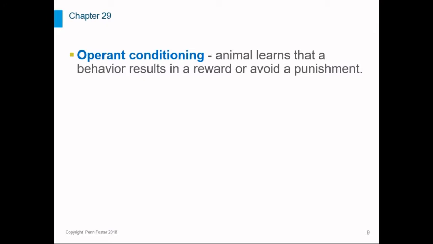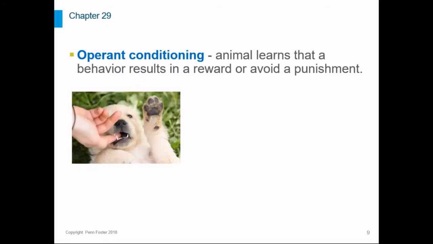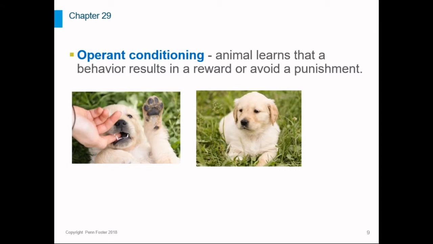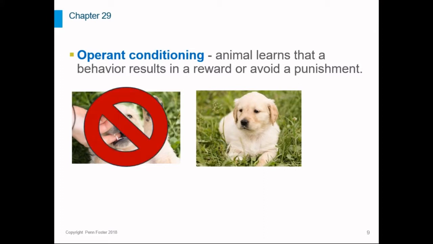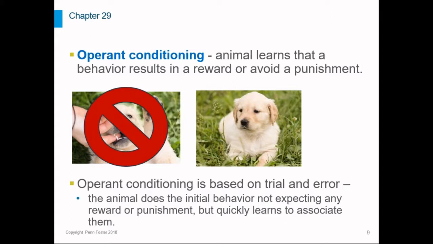An example would be if a puppy likes to play with people but bites, but playtime stops every time she bites your hand, she will learn not to bite so that she can continue to be rewarded with play. Operant conditioning is based on trial and error. The animal generally does the initial behavior, not expecting a reward or punishment, but quickly learns to associate them.